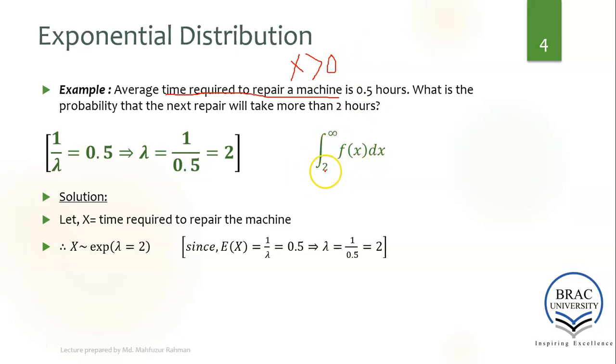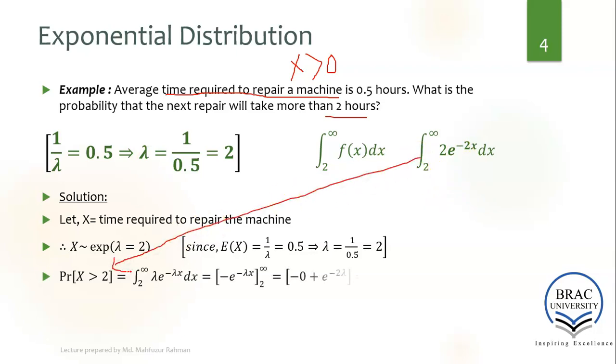So for more than 2 hours the limit should be from 2 up to positive infinity. From the density function definition of the exponential distribution, we write lambda e to the power minus lambda x, where lambda is 2. That means the probability of x greater than 2 equals the integral from 2 to infinity of lambda e to the minus lambda x dx.